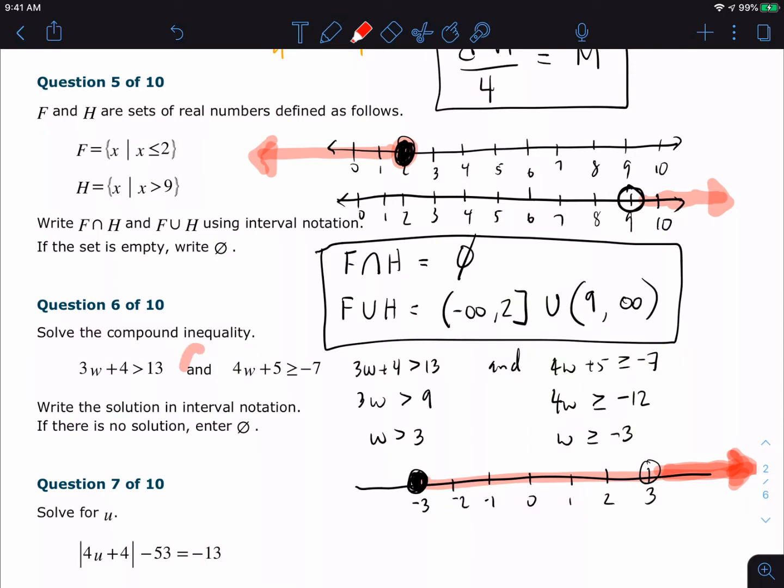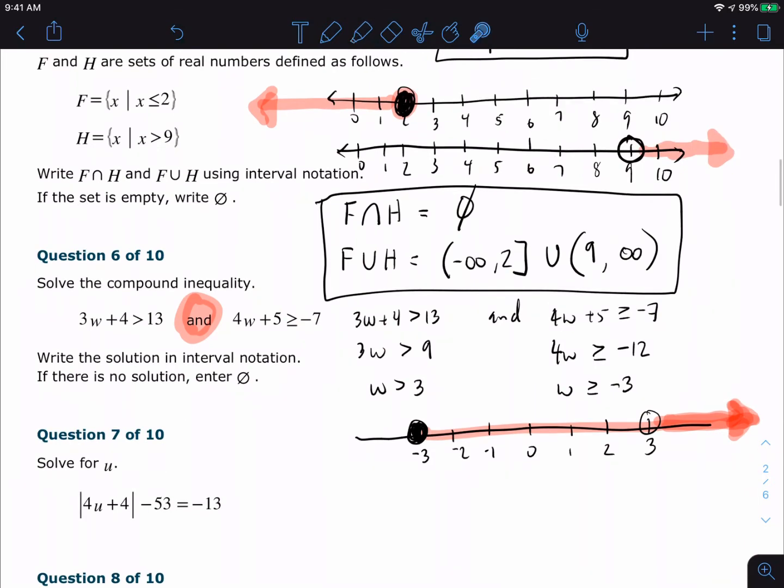The word and is a big deal. And here means where are they both shading, meaning not just one, but both of them are shading. So where are they both shading? At 3? From 3 beyond, right? From beyond 3 is where that's happening.